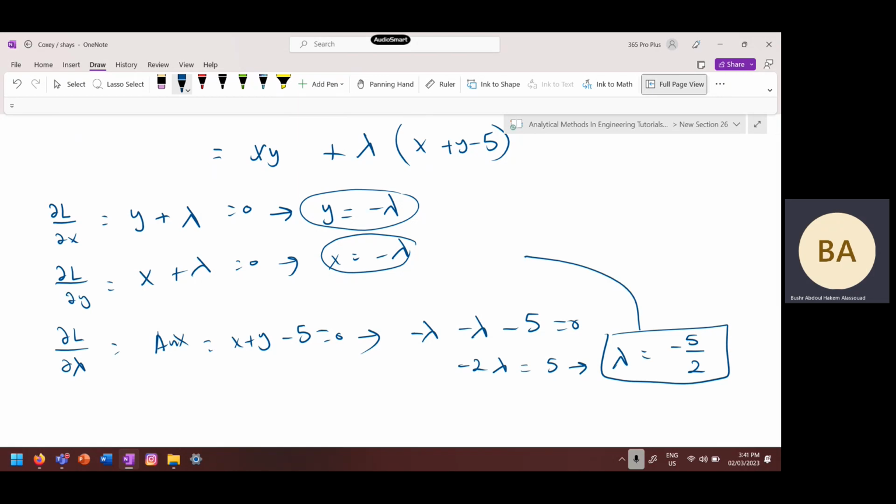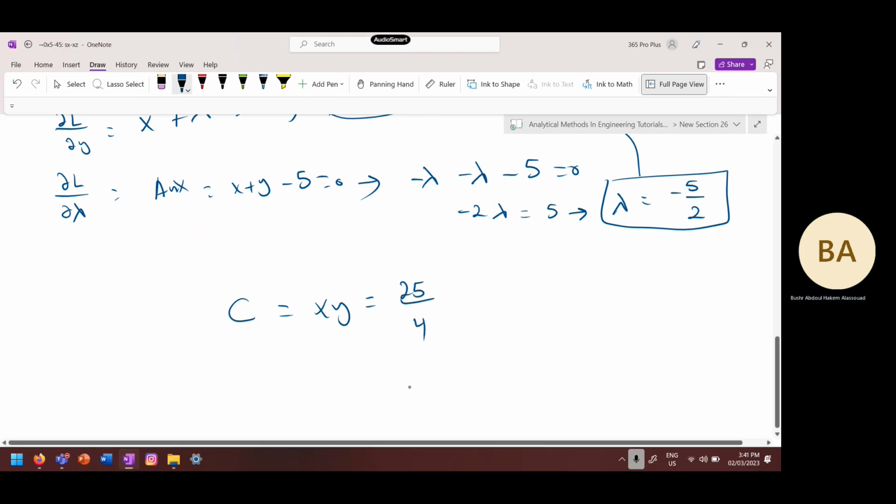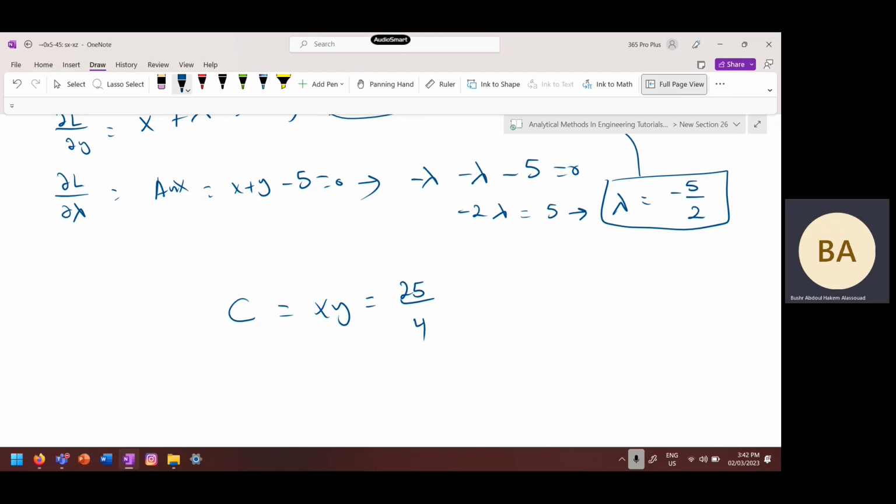Okay, now plug this value back here, and you'll get y is equal to x equals 5 over 2. Again, you need to plug this back into the cost function xy, which, as we found before, is equal to 25 over 4. Okay, these are the first two methods in optimization on our first simple problem.